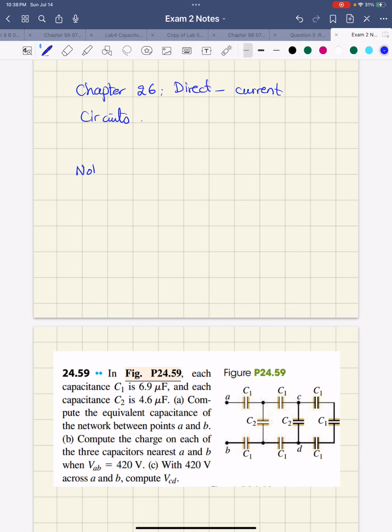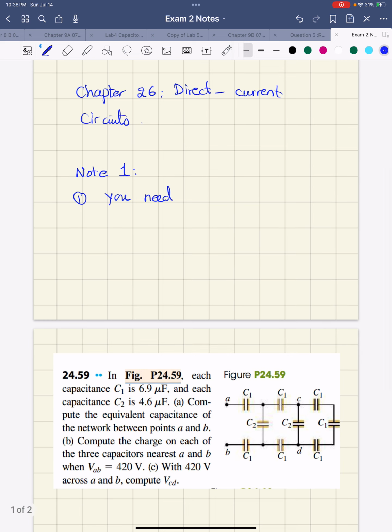The first note here I'm gonna add is, and this is of course from chapter 24, you need to know how to derive capacitance expressions of different types of capacitors.